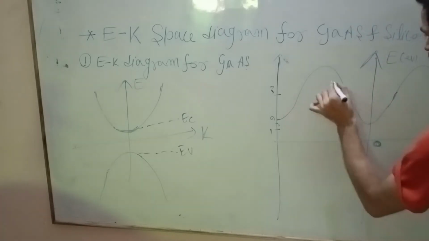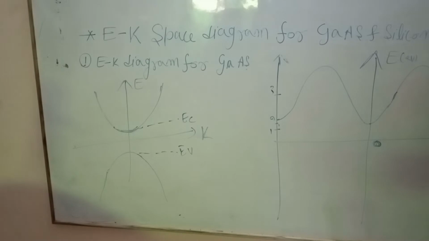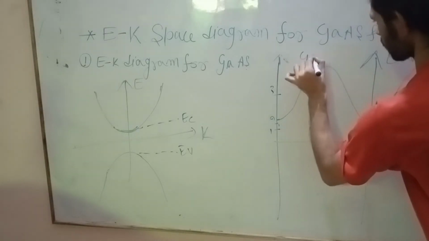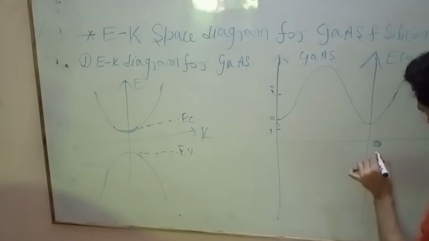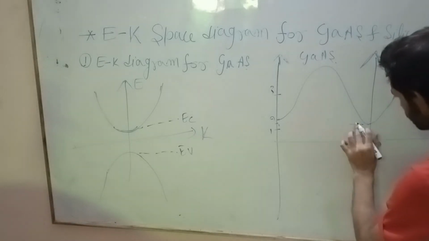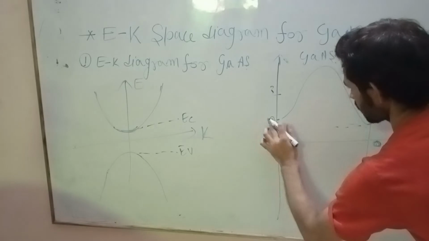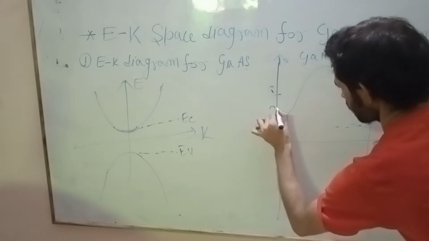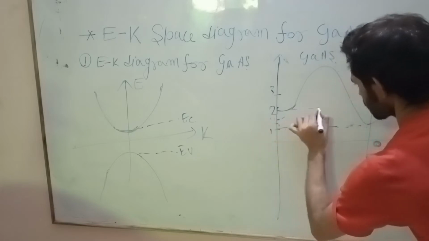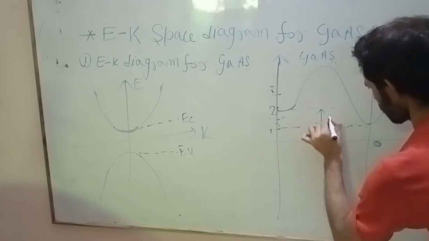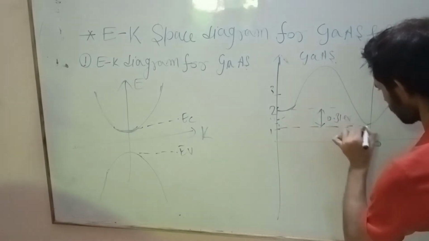So this is for the conduction band of gallium arsenide. And this level is actually starting at somewhere around 2, and this gap here is 0.31 electron volt.